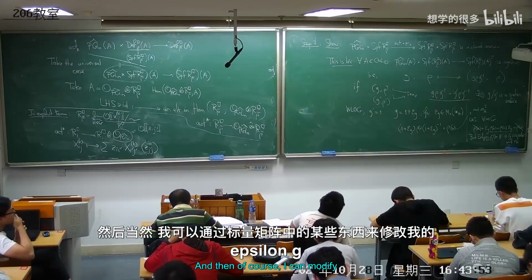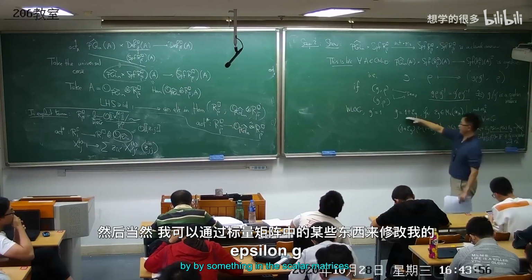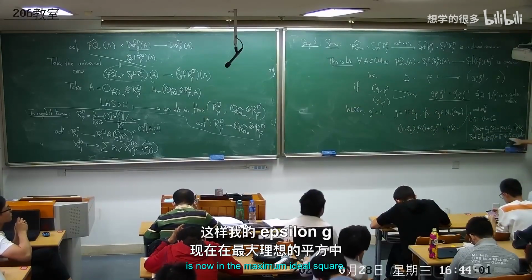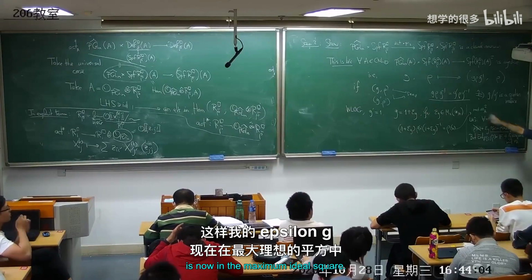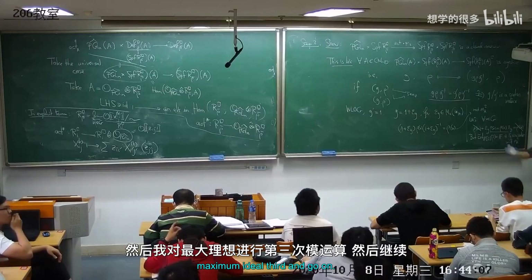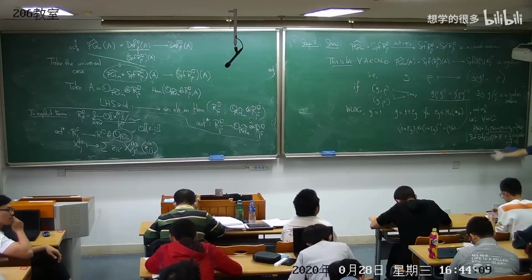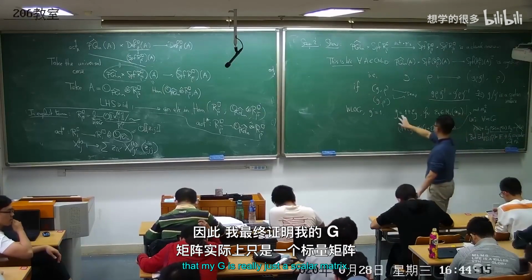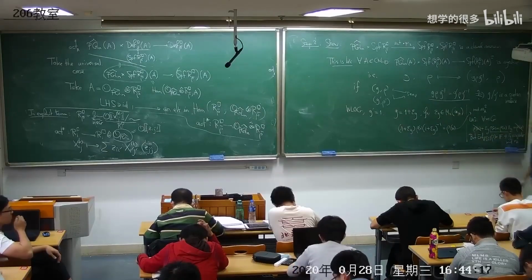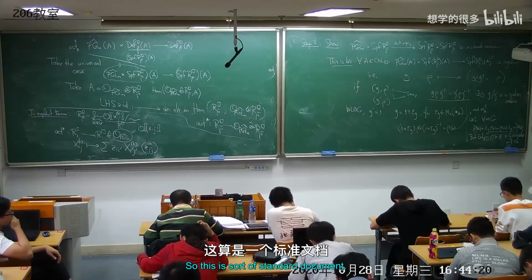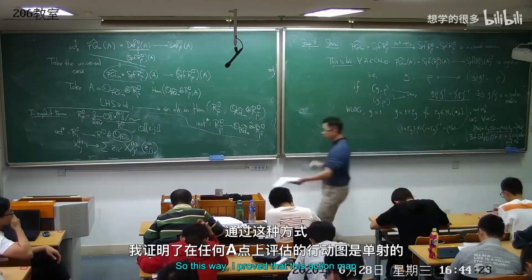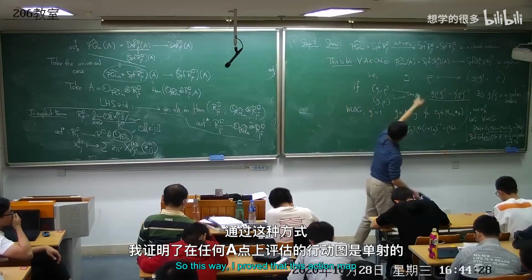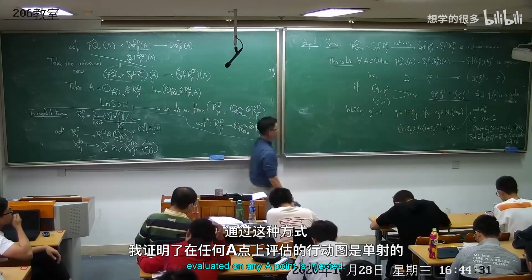And then of course I can modify my epsilon g by something in the scalar matrices, so that my epsilon g is now in the maximum ideal squared, and then I do mod maximum ideal cubed, and go on. Therefore, I eventually prove that my G is really just a scalar matrix. I'm not going to write it out, this is a standard argument. So this way, I proved that this action map evaluated on any A point is injective.